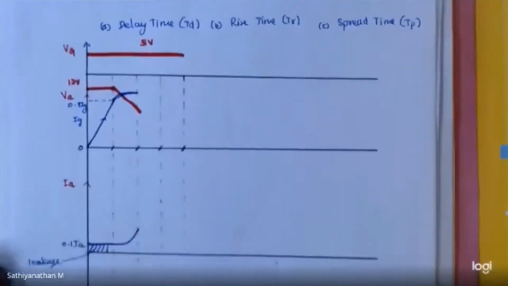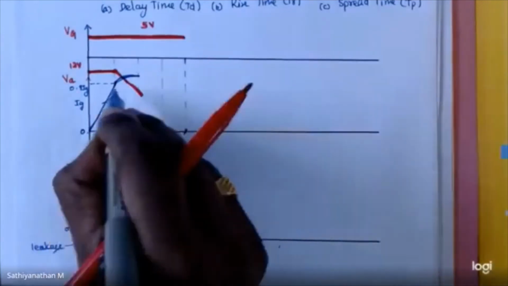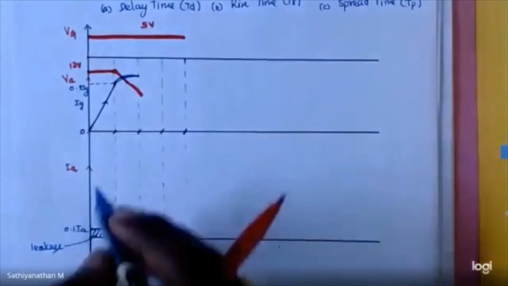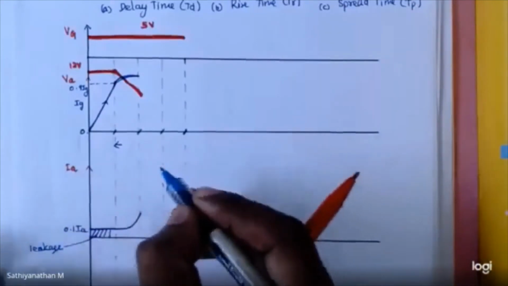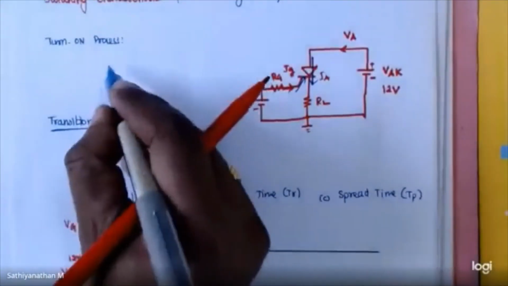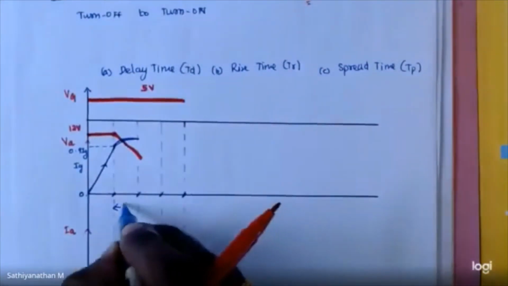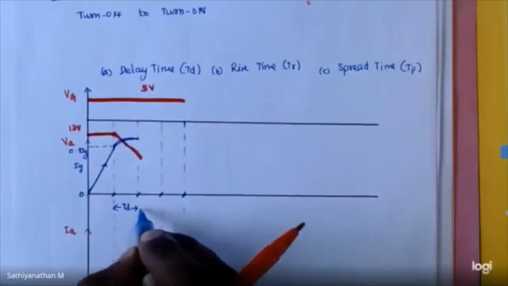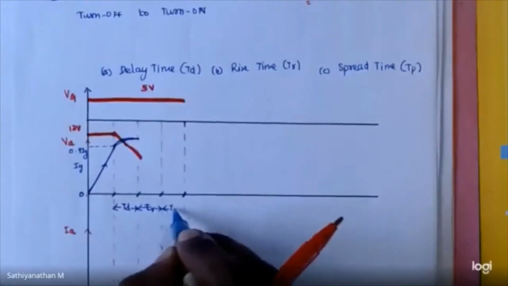Okay, so here from 0 to this instant up to 90% nothing is happening. So after that you have a turn on process. So we are talking about turn on process. After this instant you have a delay time, you have a rise time, and you have a spread over time.